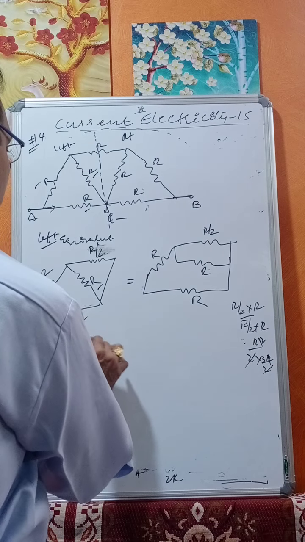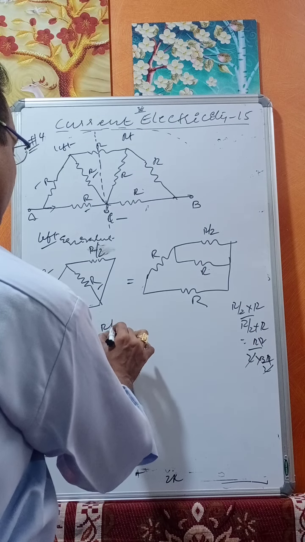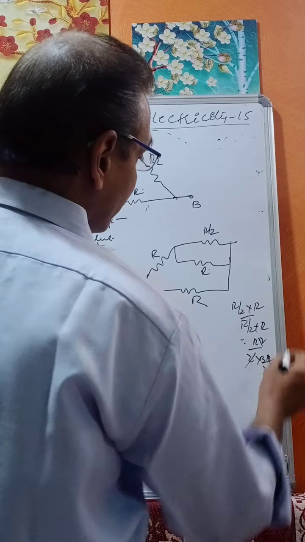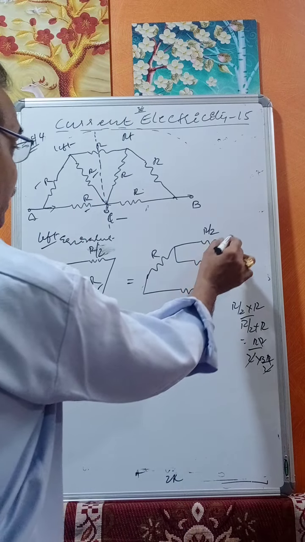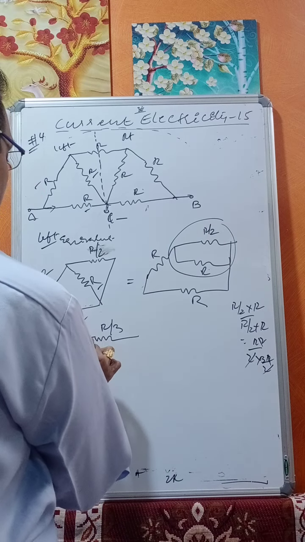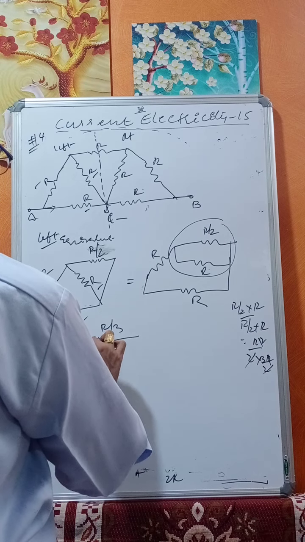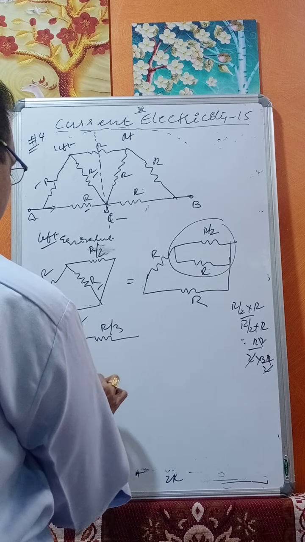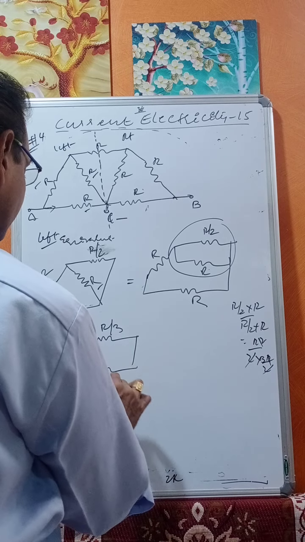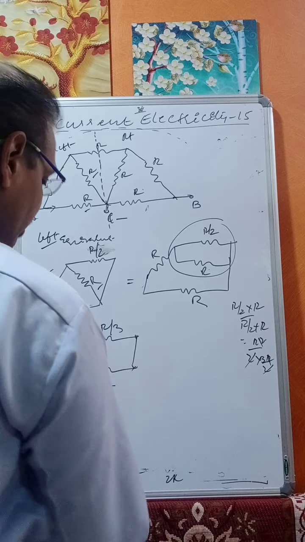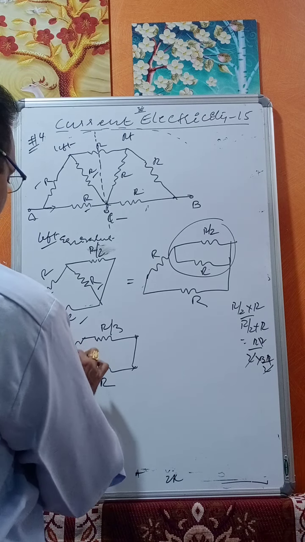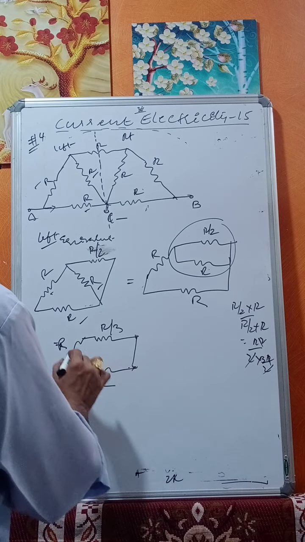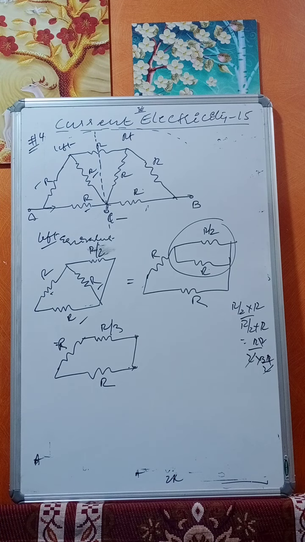This is R by 3, and this is again R, and this is again R. We require this point and this point, isn't it? Therefore, this is R plus R by 3.